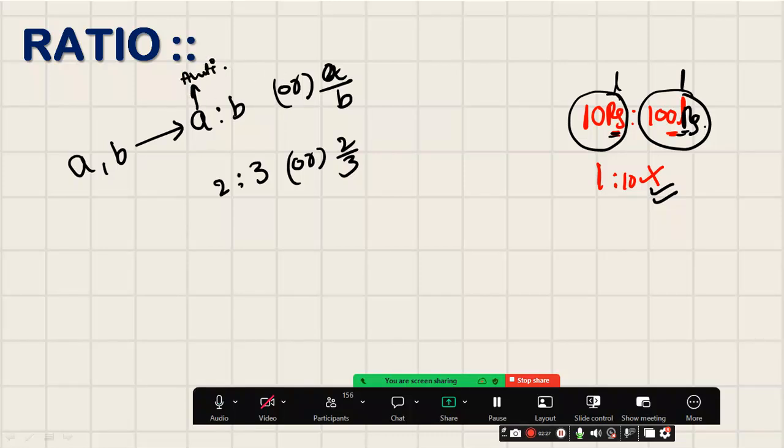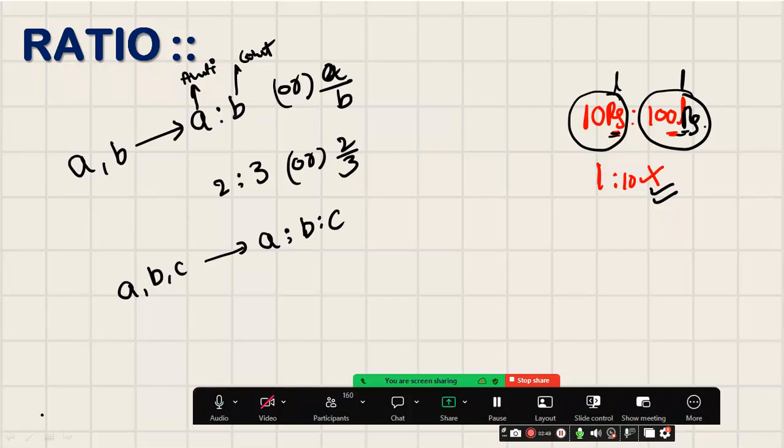Here A means antecedent and B means consequent. For example, with 3 quantities A, B, C, the ratio is A is to B is to C.